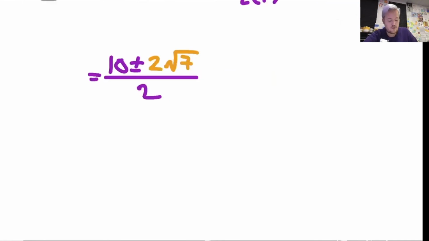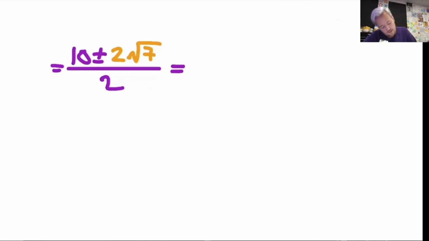All right, so this is kind of another version of simplifying that we're going to do. So notice how 10 and 2, both of those values in the numerator, both of those are divisible by the denominator, which means I can actually keep going and simplifying.